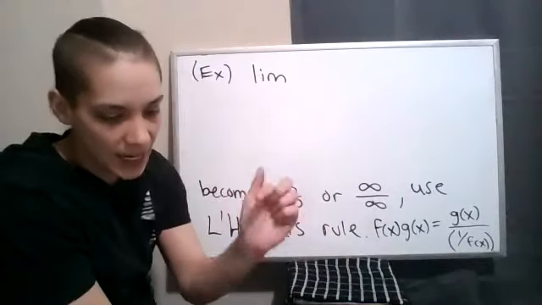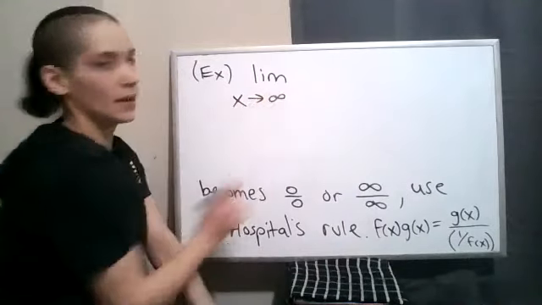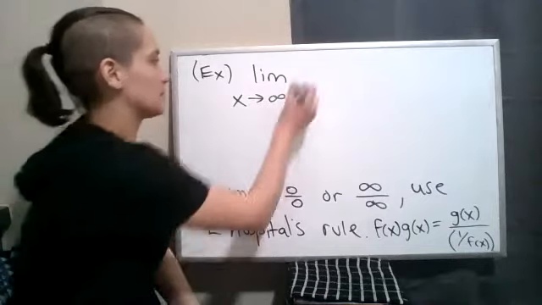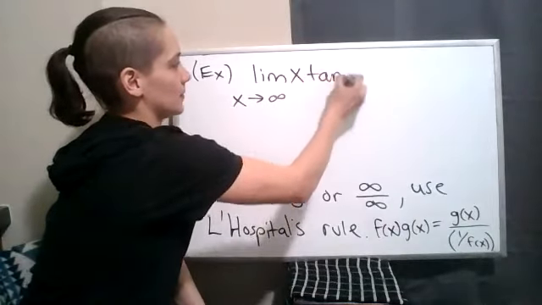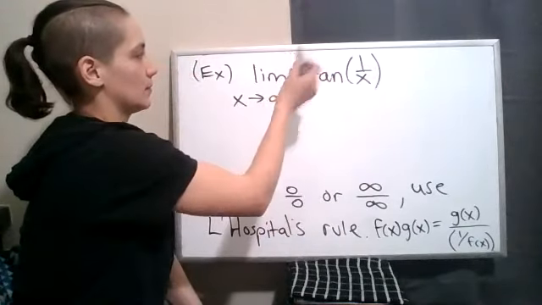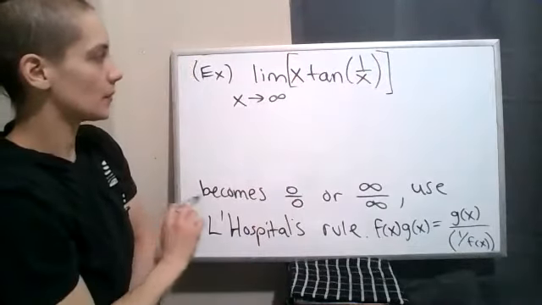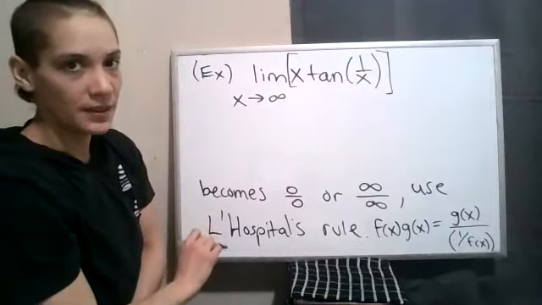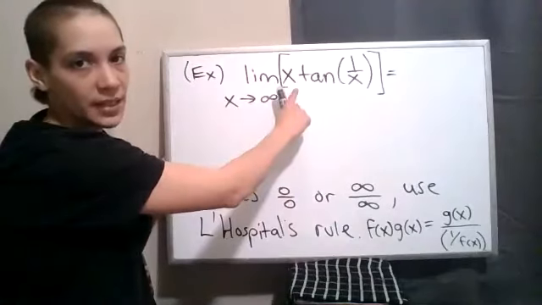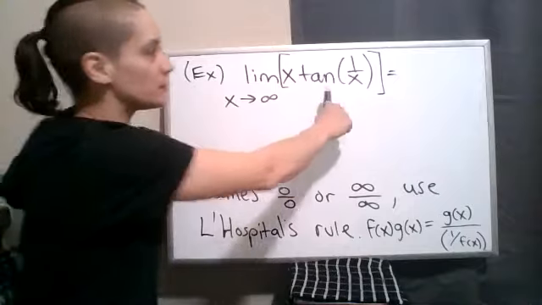Limit as x goes to infinity of x times tangent of 1 over x. If you just put infinity in there, you'd have this going to infinity times tangent of 1 over infinity, which would be tangent of 0.